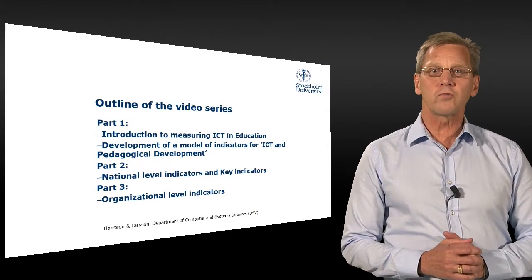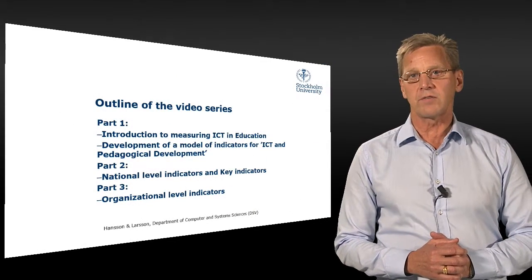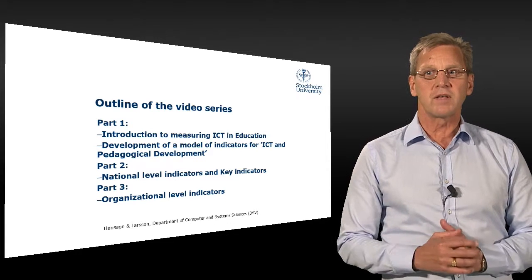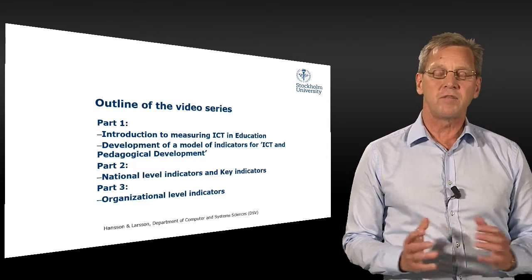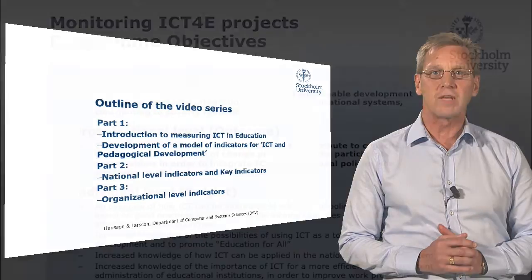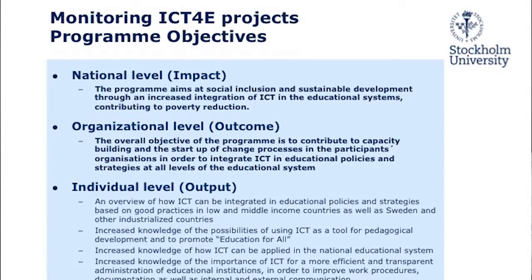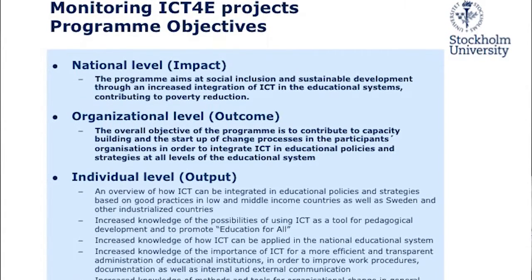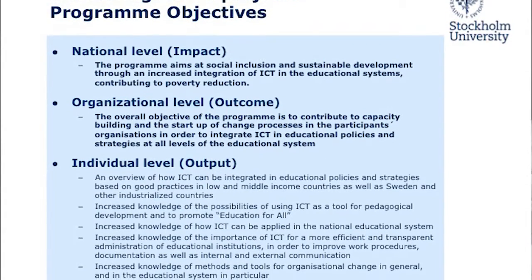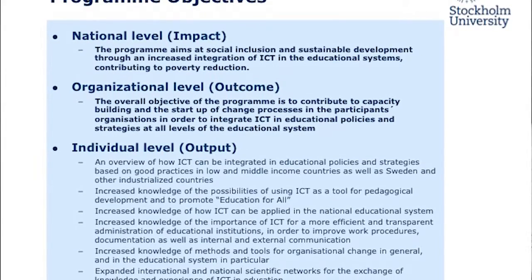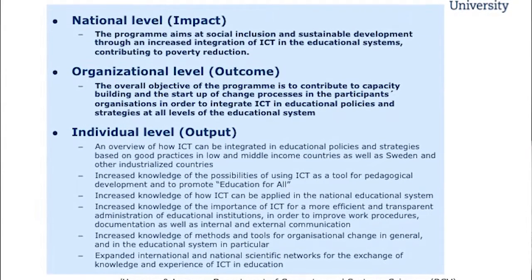In your program, you also have individual level indicators, which we are discussing at different sections or sessions in the program. The indicators are based on the objectives of the program, and you can see the objectives here, and you can relate to them from your material that the Life Academy has given you.